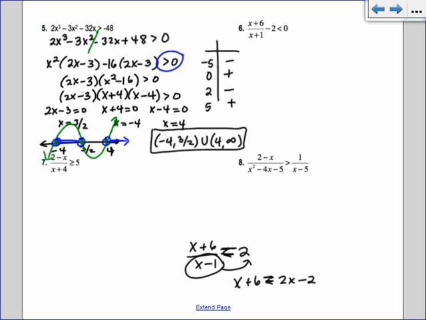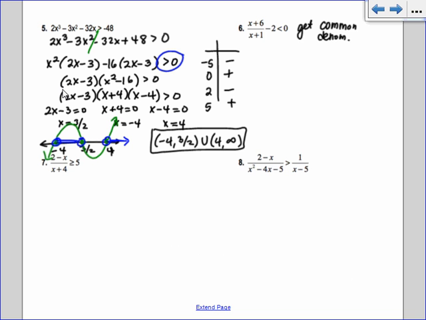So the way that you should really do these problems is you should always get common denominators. Write yourself a note: get common denominators. And you should always have 0 on the other side. So get everything on one side and get common denominators to combine. I'm going to do (x + 6)/(x + 1) minus 2, and I'm going to multiply the 2 by (x + 1)/(x + 1).